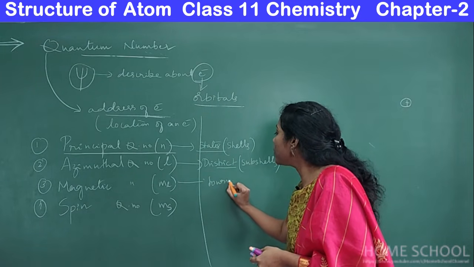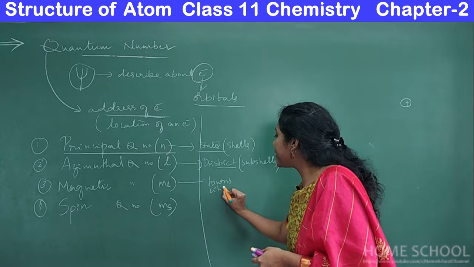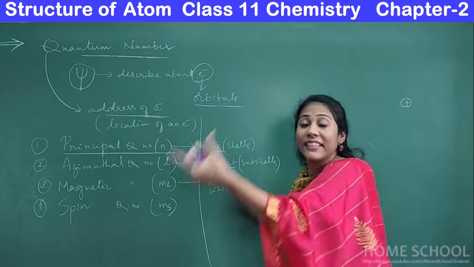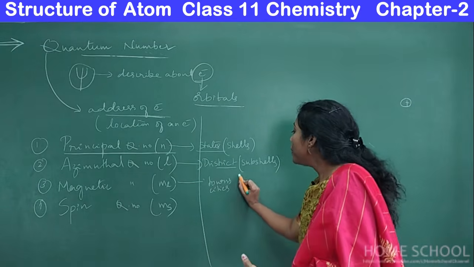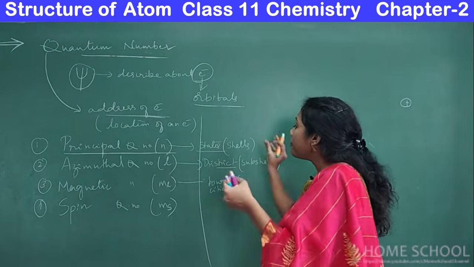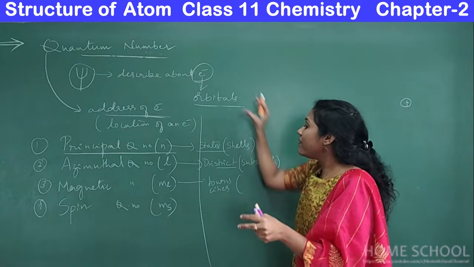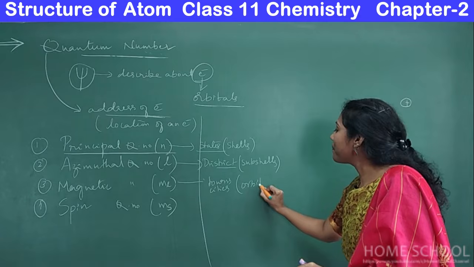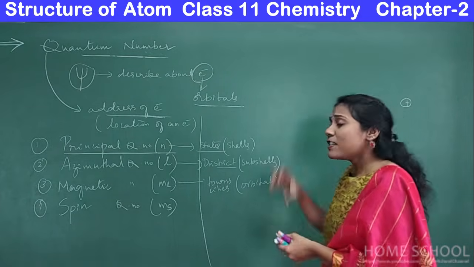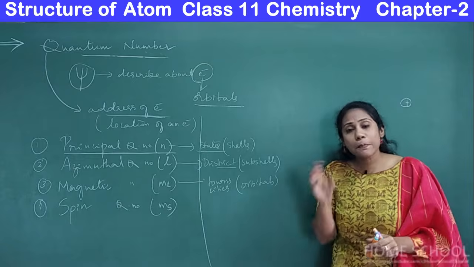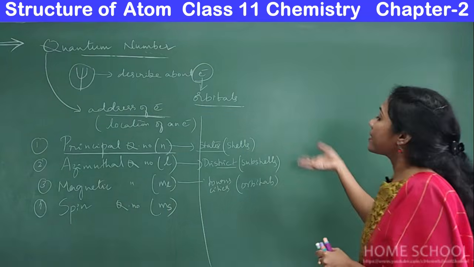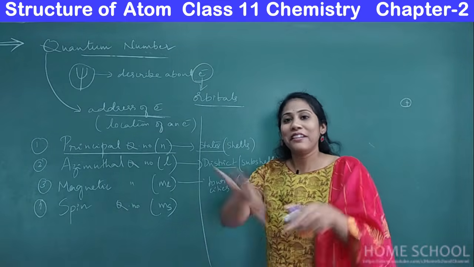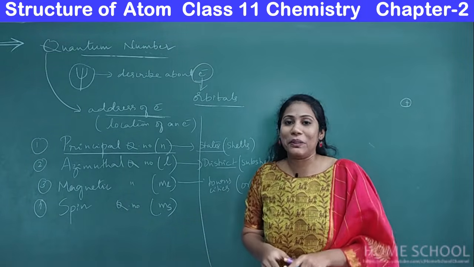These are small towns or cities where most of the time we can find you in that particular region. These towns or cities, where exactly our electron is revolving most of the time, are called orbitals. Orbitals are small regions or spaces around the nucleus where we find our electron most of the time.